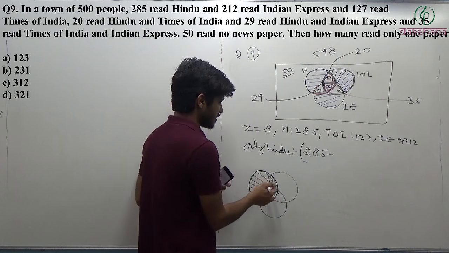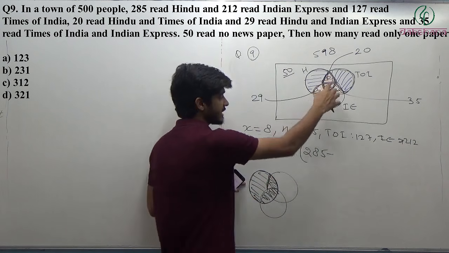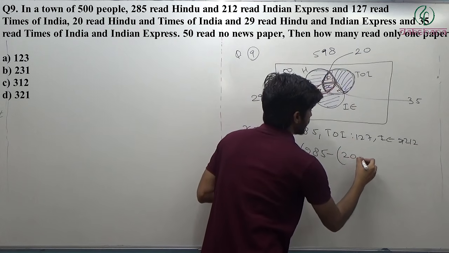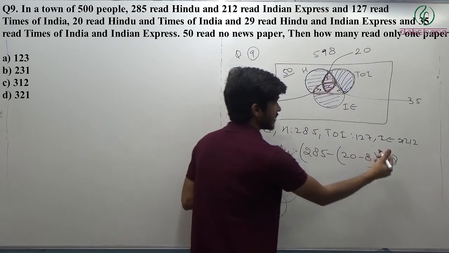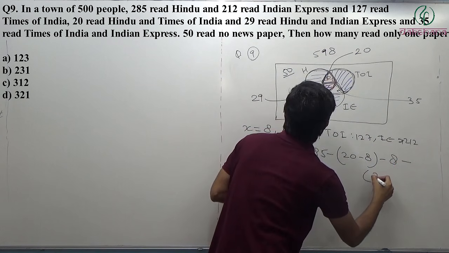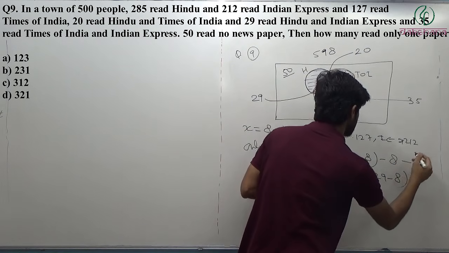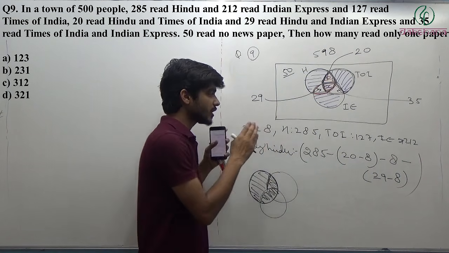So 285 minus, what are these people who are reading Hindu as well as Times of India? Those were 20 minus X, that was 8, minus X itself, that was 8, minus on this side we have 29 minus X, that was again 8. So this is the number for Hindu only.